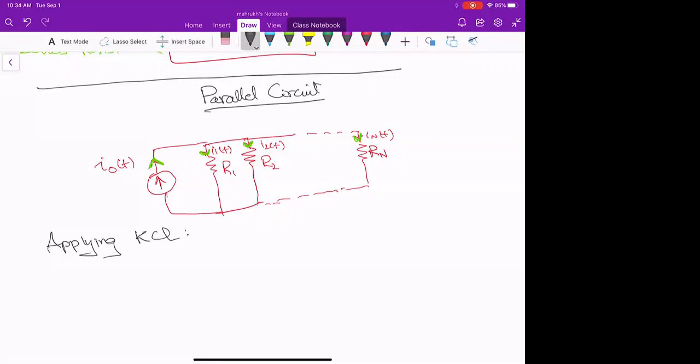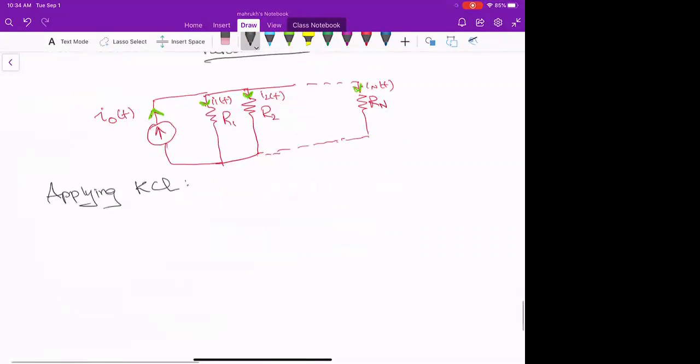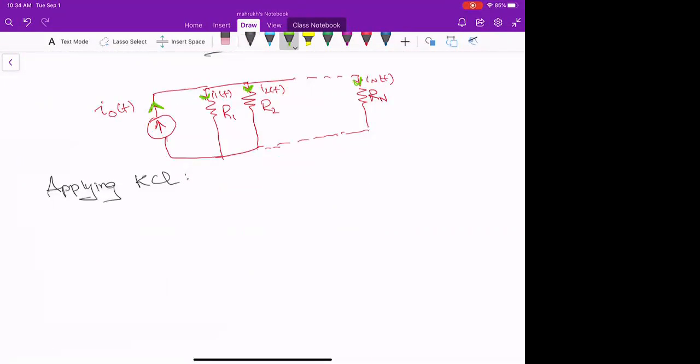Components connected in parallel contain the same voltage across them.